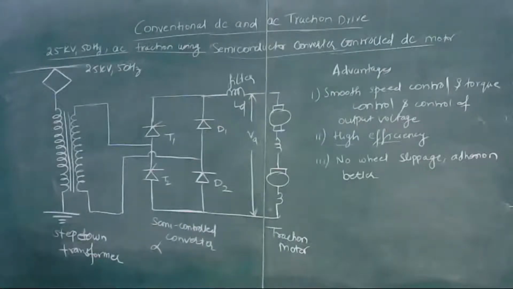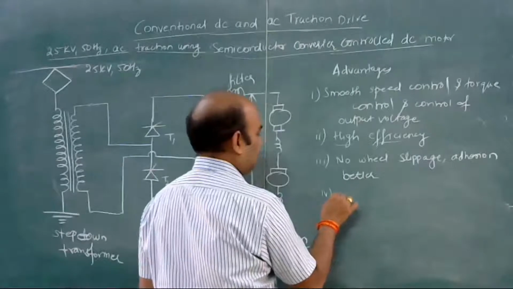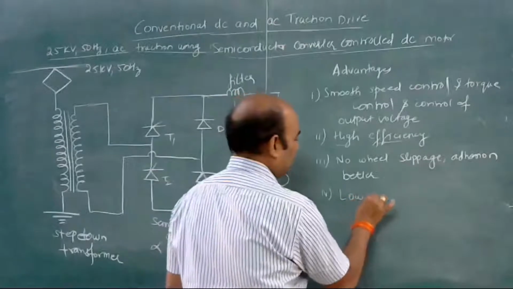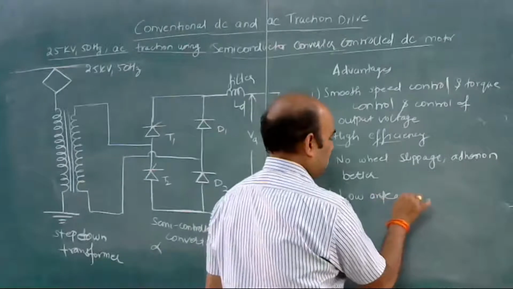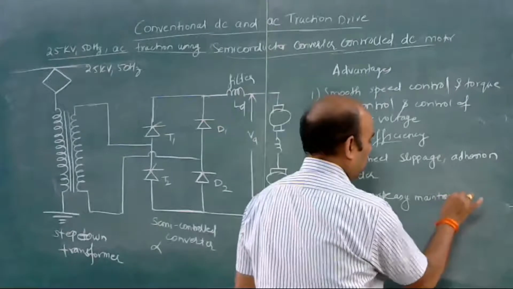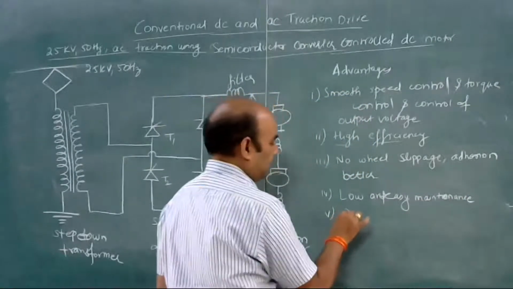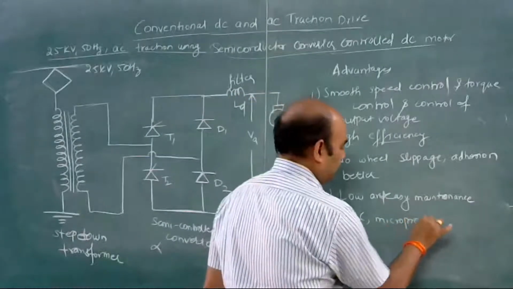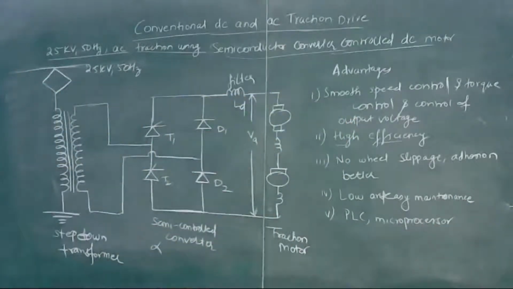And it has low maintenance, low and easy maintenance. Okay. And you can connect PLCs, microprocessors to control the speed of this DC motor.